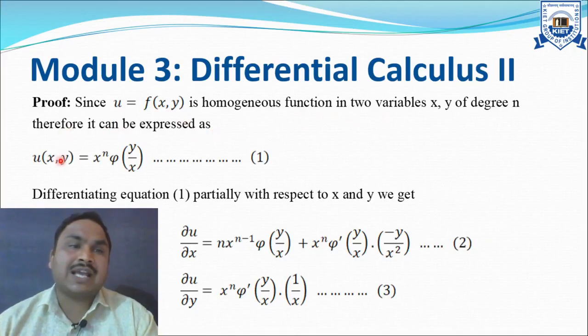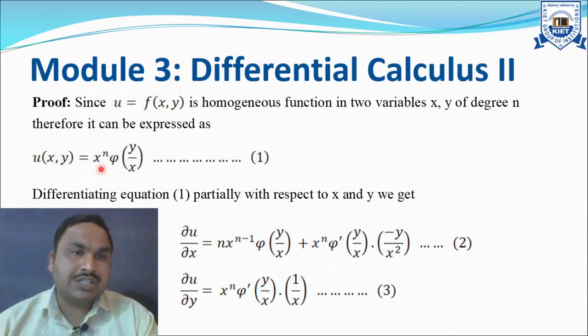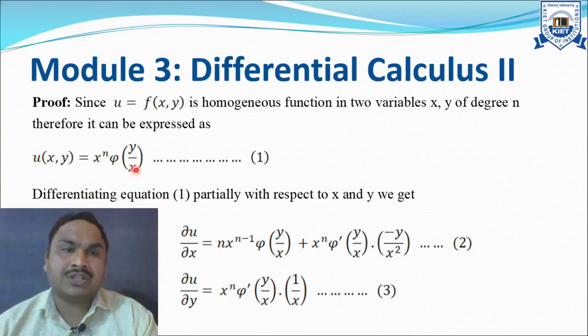can be expressed as u(x,y) equals x raised to the power n into phi of y over x. Now differentiating equation 1 on both sides partially with respect to x, we shall apply product rule. Since x raised to the power n is a function of x, phi is also a function of x.